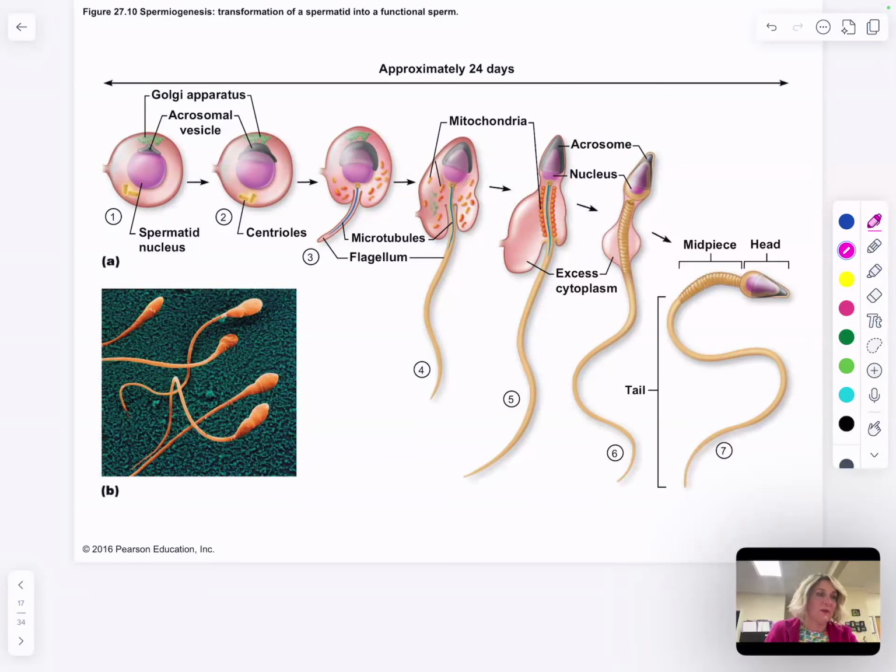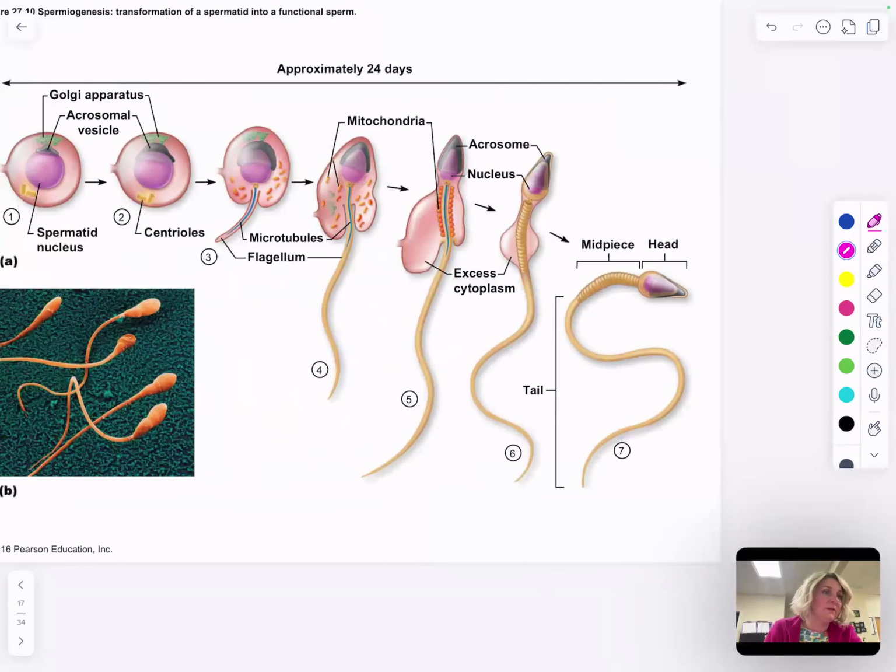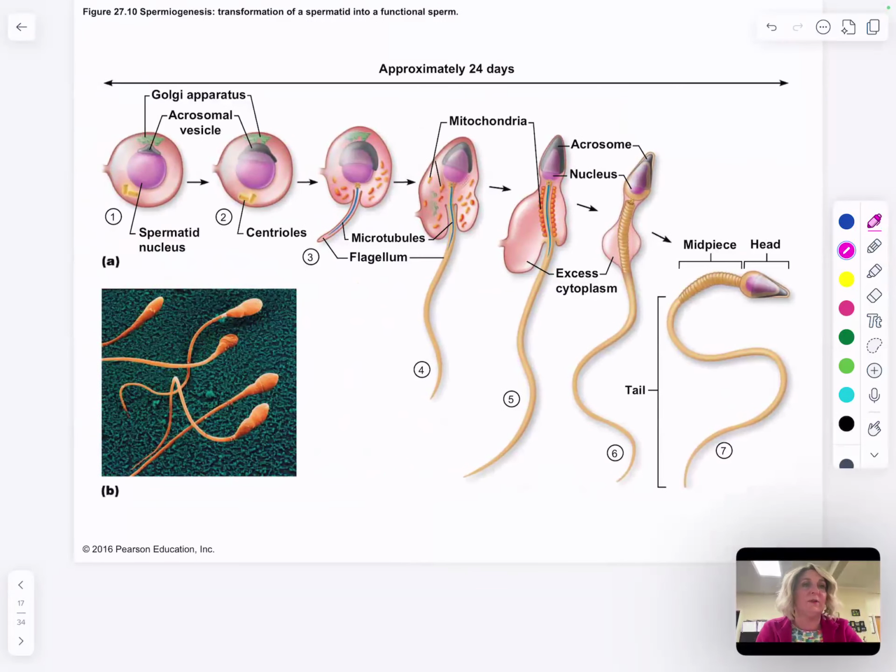So one of the things I wanted to talk about, and this will probably be the last slide for this video, is the development of the sperm, where remember you're starting off. Okay, so you finished your meiosis 2. You're now at the late spermatid stage. Okay, and then you start having this cell starting to develop more, and you start having these groups of mitochondria here, and they start to gather together.